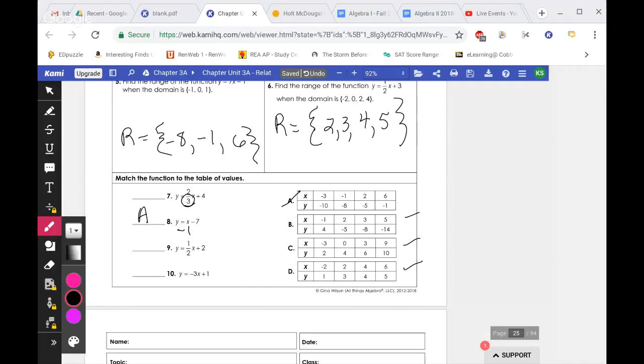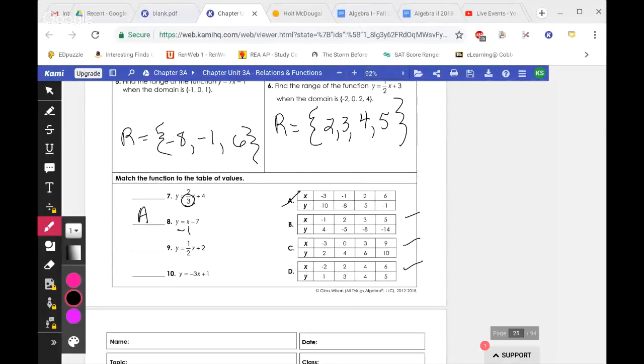What are some other ones? What's 3 times 3? 9. What's 3 times 4? 12. One of these 3 have multiples of 3. B, C, or D in the X column. So you're only looking at X.